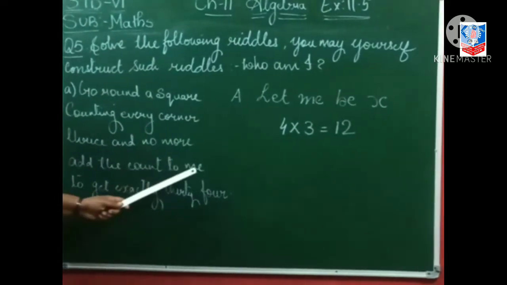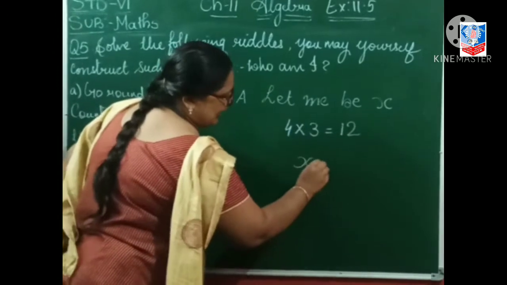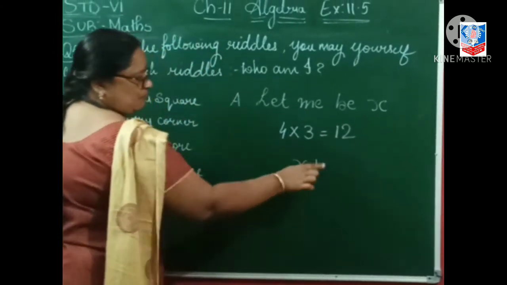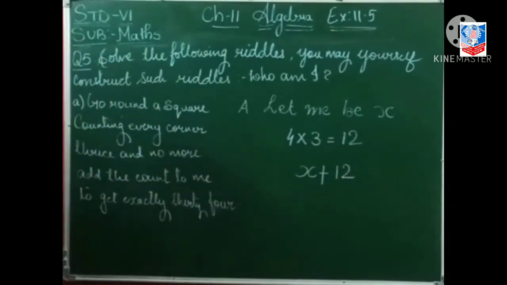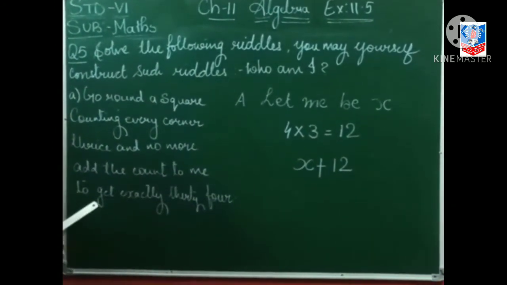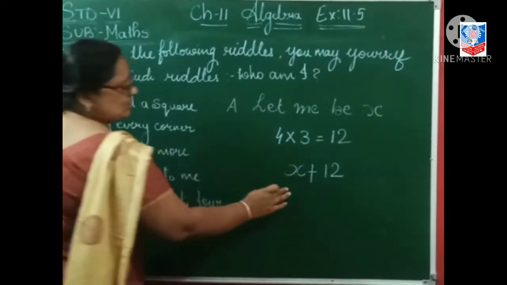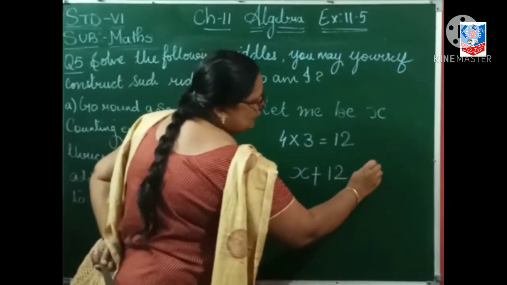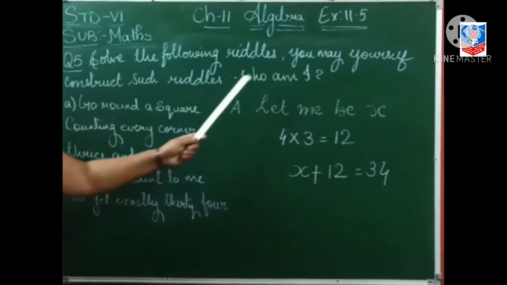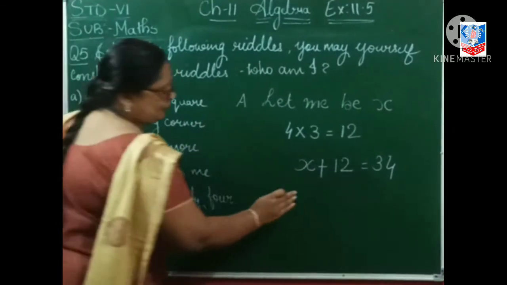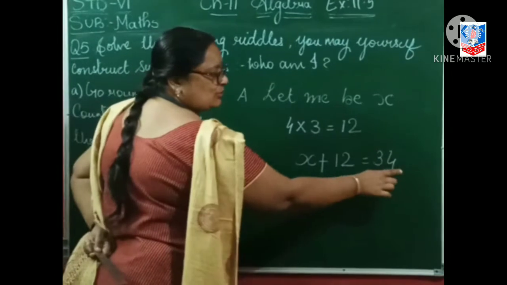Add the count to me. If I am x, then add the count to me, x plus 12. Okay, then add the count to me to get exactly 34. That means x plus 12 is equal to 34. Now you have to find who am I. So x plus 12 is equal to 34.